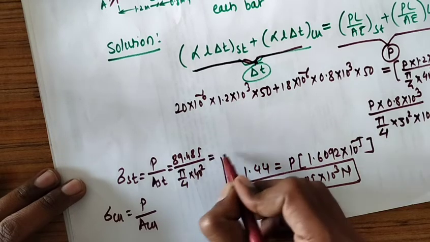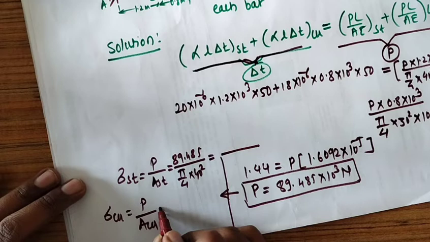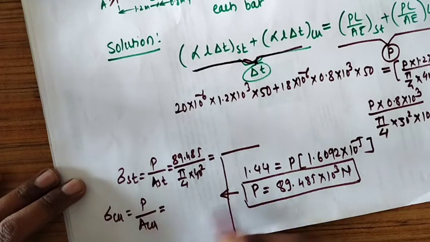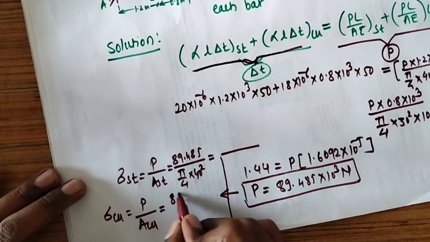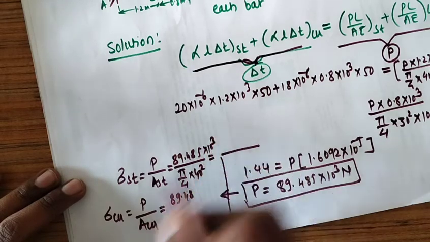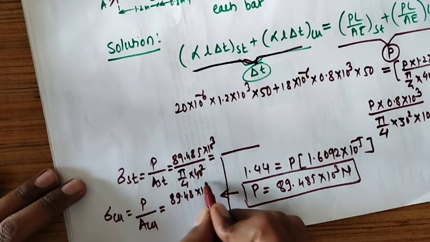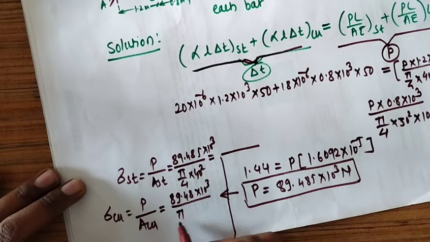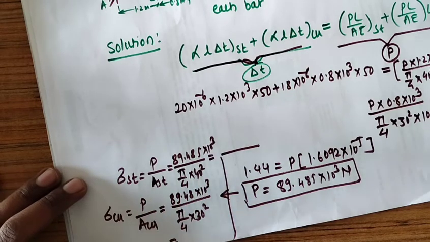If we solve this, we get answer of stress in steel, and here P again same for copper, that is 89.48, of course into 10 raised to 3 because we are finding in Newton, upon area pi by 4 into d square, that is 30 square, is equal to answer. So if we solve this, we get answers for steel and copper.